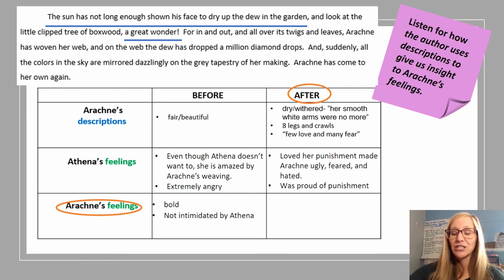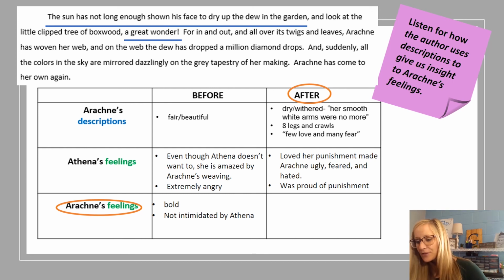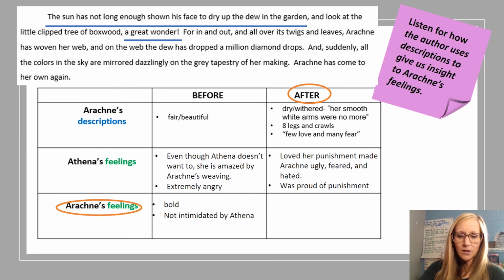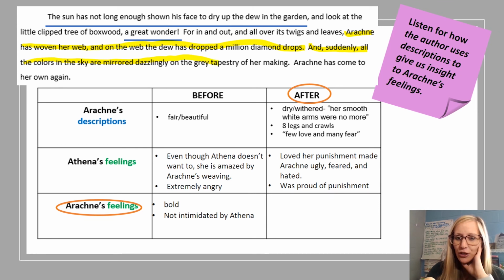What are other clues that she's still good at what she does and that her webs are really beautiful? I want you to think about that. What do we have here? Okay, I want you to take a look at this sentence: Arachne has woven her web, and on the web the dew has dropped 1,000,000 diamond drops, and suddenly all the colors in the sky are mirrored dazzlingly on the gray tapestry of her making.